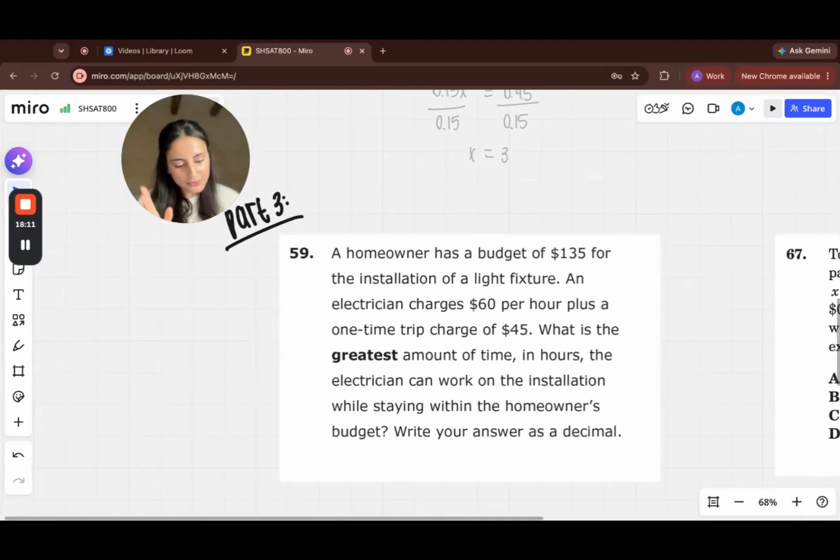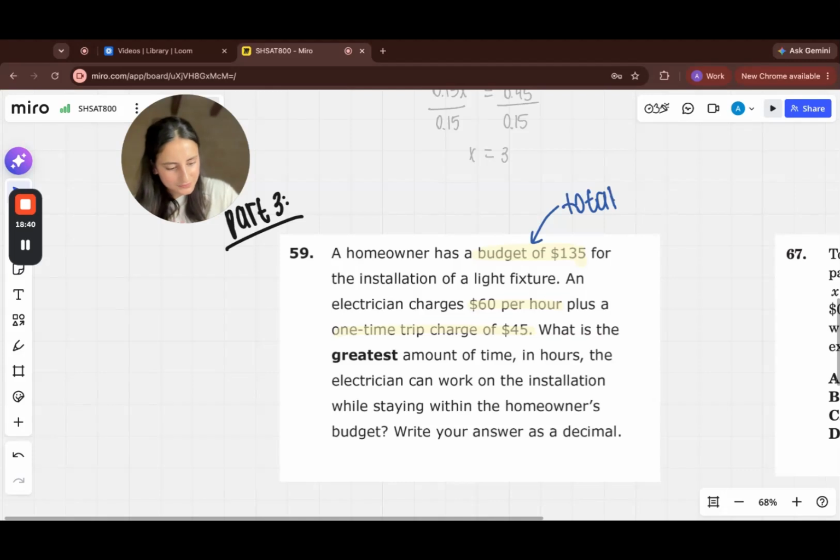A homeowner has a budget of $135 for the installation of a light fixture. So a budget just means that this is the maximum amount of money they can spend. An electrician charges $60 per hour plus a one-time trip charge of $45. So off the bat, we can just start by labeling this. The budget is going to be the total they can spend.